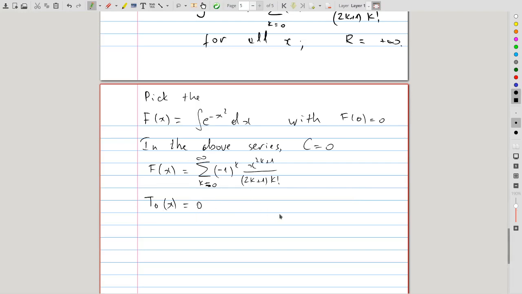So it's the constant polynomial approximation.